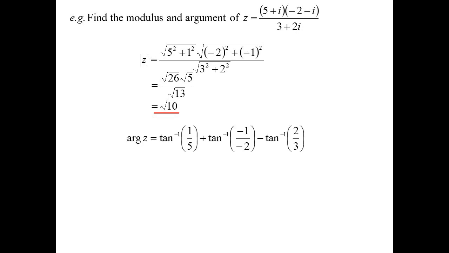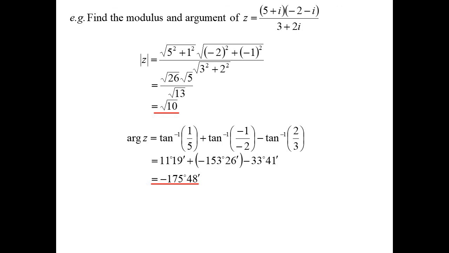The arguments? Unfortunately, they're not all exact values. Inverse tan of 1/5, inverse tan of minus 1 on minus 2. That's just reminding me about the quadrants. But then on the bottom, I'd get minus the inverse tan of 2/3. So I'm going back to degrees now and getting approximations. 11 degrees, 19 plus.